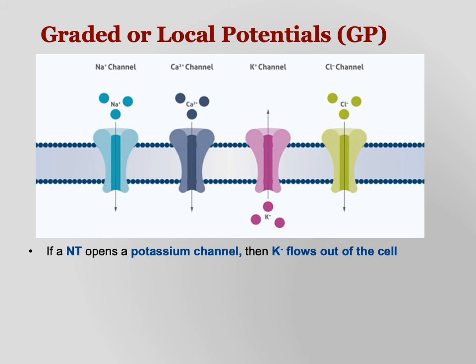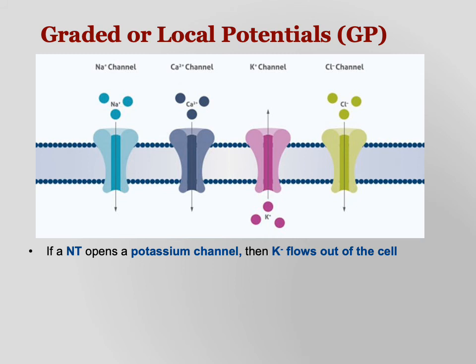Initially, I can see how you might think, well, potassium has a positive charge, so if you open a potassium channel, that's going to cause a depolarization and make the membrane more positive. But wait a minute. That sodium-potassium pump pumped all the potassium inside. Not all of it, but a lot of it. So now, if we open a potassium channel, potassium is going to flow from inside to out because of its concentration gradient, remember? So now we're going to have positives leaving the inside of the membrane.